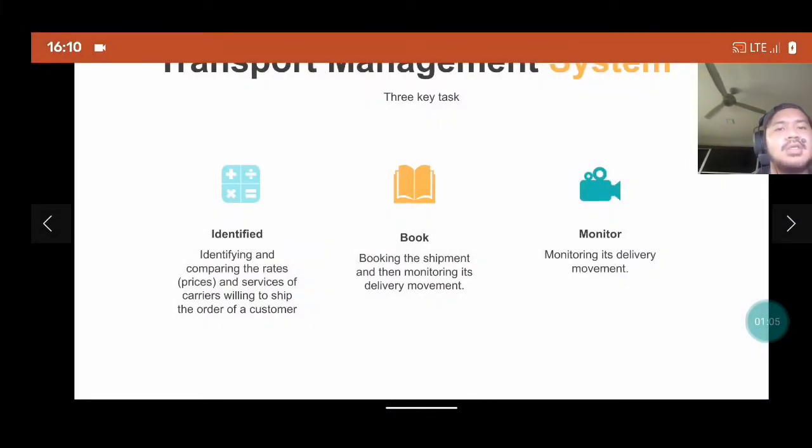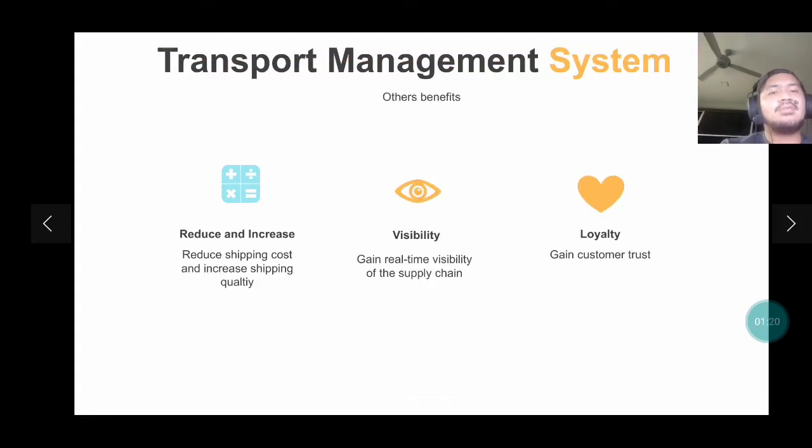TMS is essential for identifying and comparing the rates of price and service of the carrier, and is used for booking the shipment and monitoring its delivery movement. Other than that, the benefit is to reduce shipping costs and increase shipping quality and gain real-time visibility of the supply chain. Furthermore, we get our customers' loyalty.